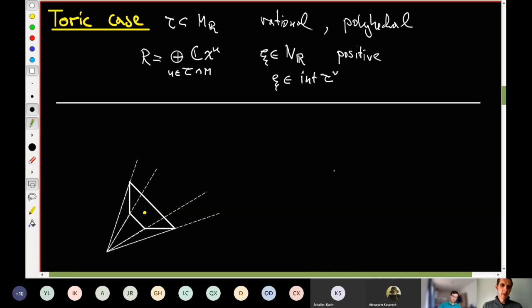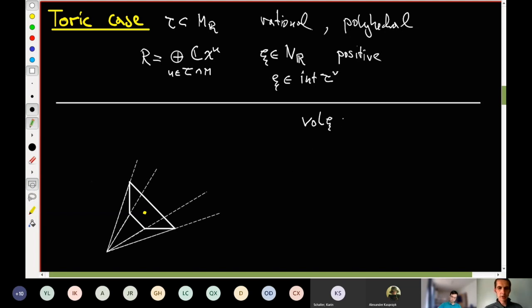Okay, but again, we have many possible choices to choose our psi inside this dual cone, and our idea was to look for the choice which minimizes our volume. And in order to find such a psi, we need to express the volume in our combinatorial data here. So I want to calculate the volume of psi.